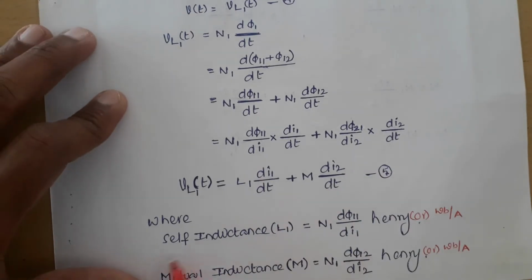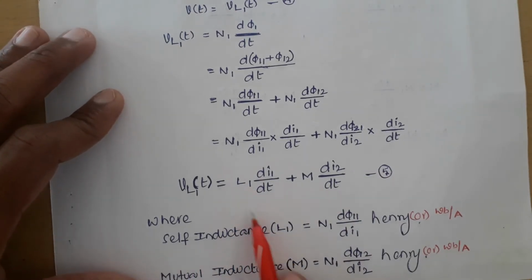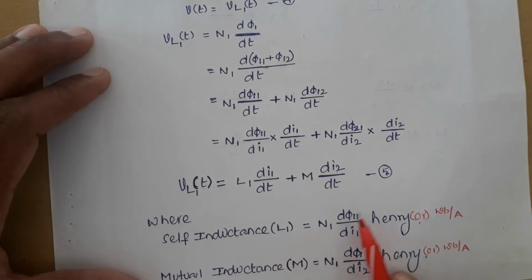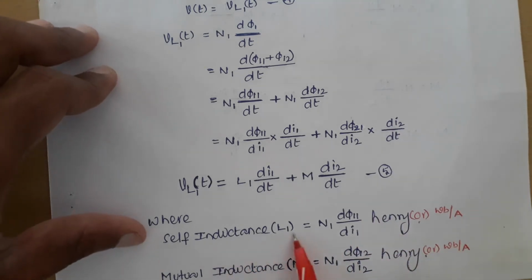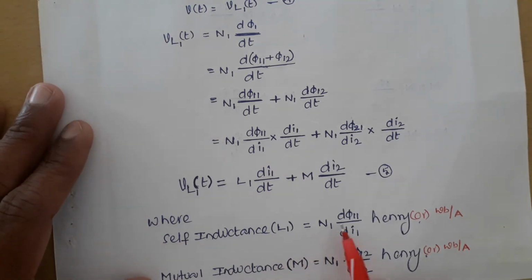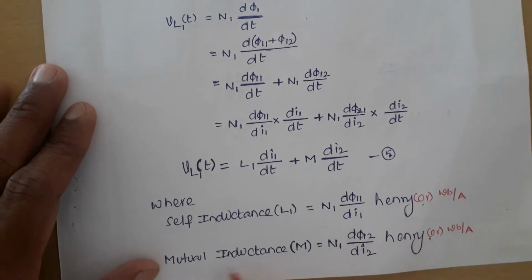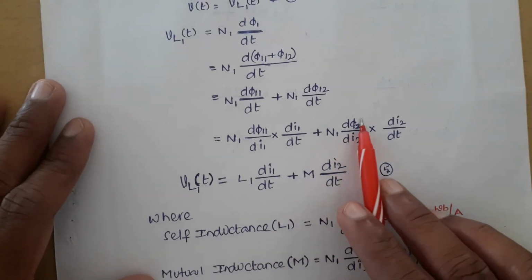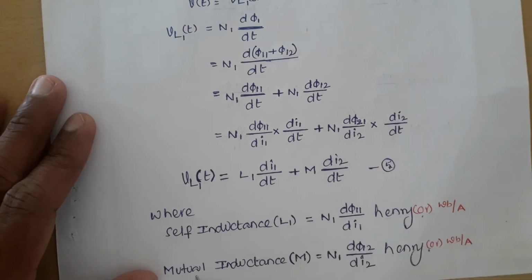Where the self inductance L1 is equal to N1 dφ11 by di1 Henry, or otherwise Weber per ampere. So this is the unit for self inductance. Similarly, this N1 dφ21 by di2 is M, which is called the mutual inductance.